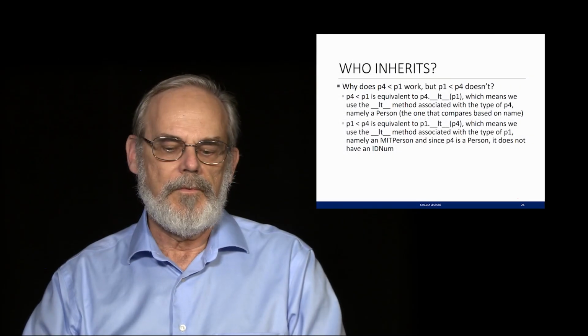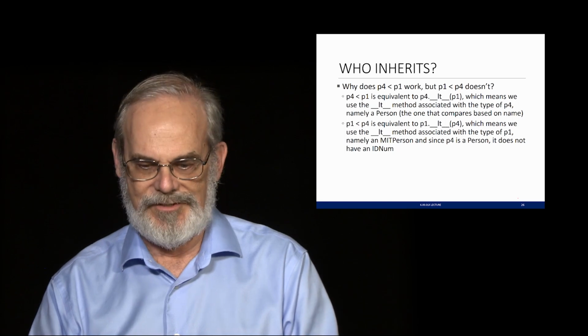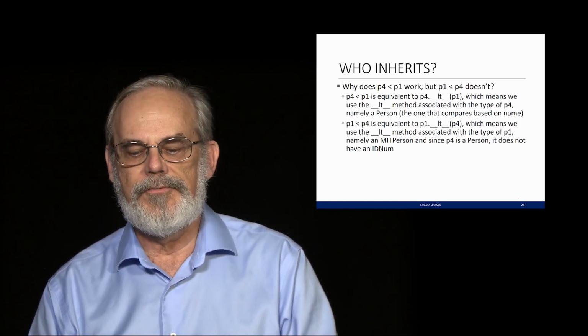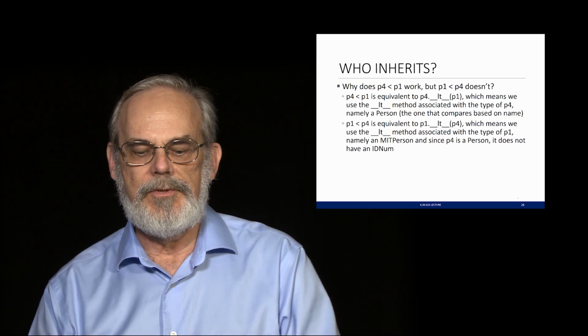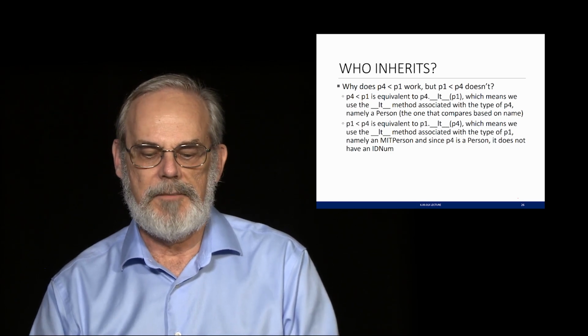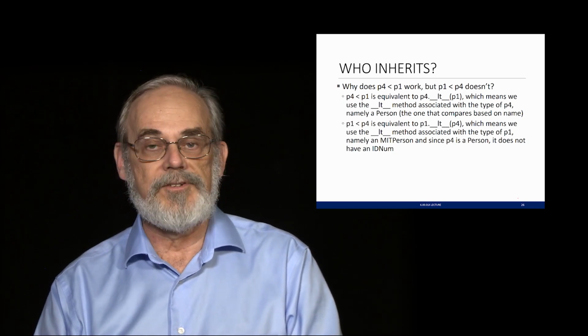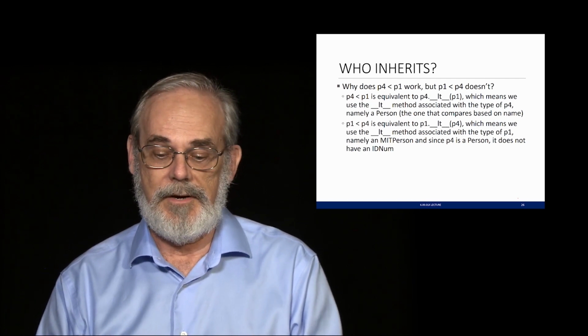On the other hand, why does P4 less than P1 work, but P1 less than P4 does not? P4 less than P1 is equivalent to asking P4 dot less than method applied to P1, which means we use the less than method associated with the type of P4, which in this case is a person, one that compares based on name. So based on name, it can come up with an answer, which is great.